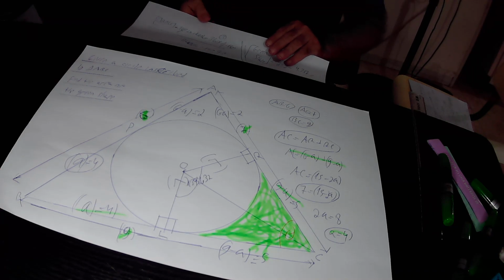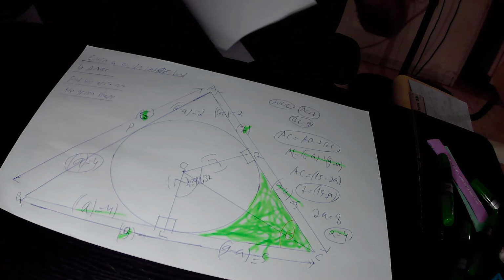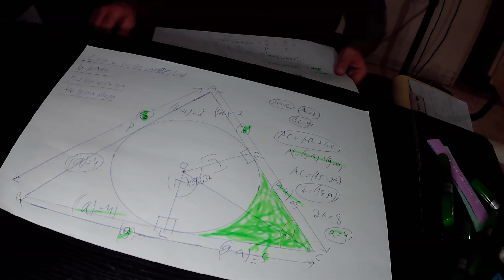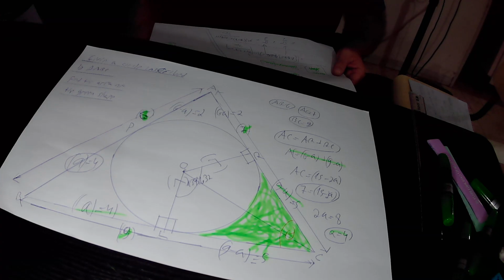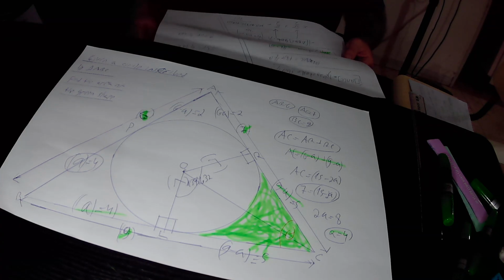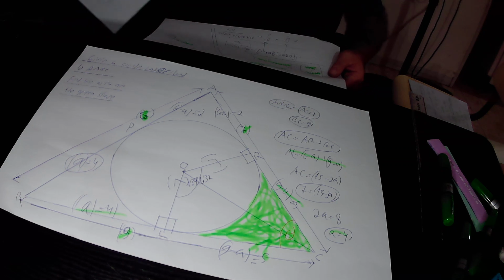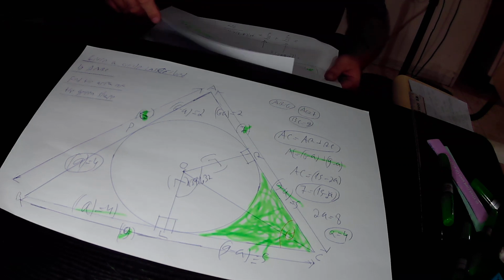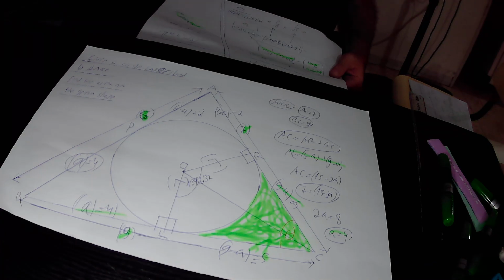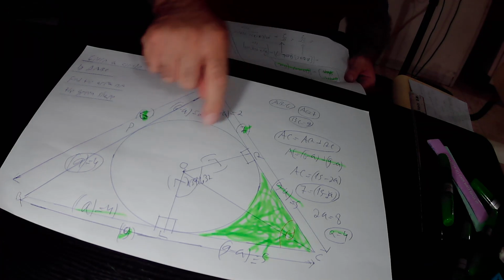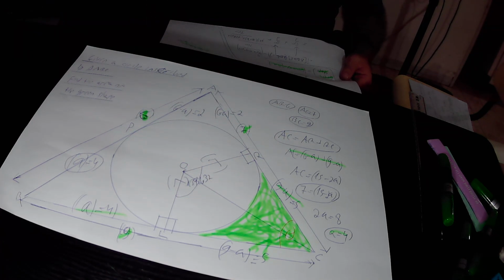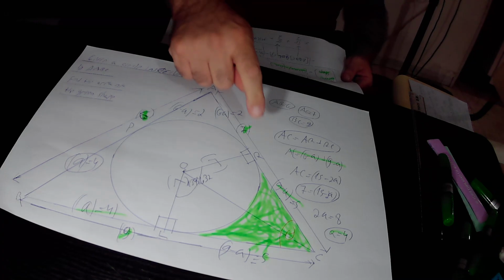In the next step, we define the notion of a sector. What is a sector? This is sector QOL. A sector is a portion of a circle.